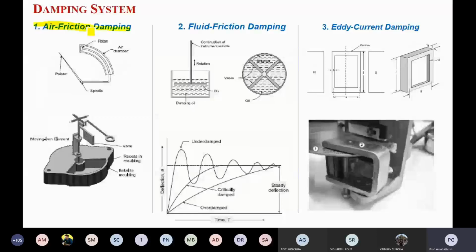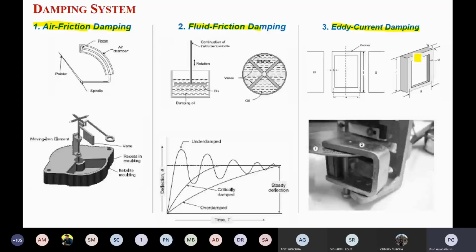The first one is air friction damping, the next one is fluid friction damping, and the third one is eddy current damping. The third process is normally used for the PMMC instrument. In the PMMC instrument you can see the metallic yoke. When the moving coil is wound about this yoke, it causes the shaft to rotate. The shaft is directly connected inside this yoke.